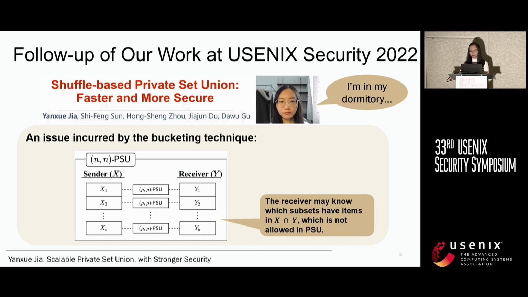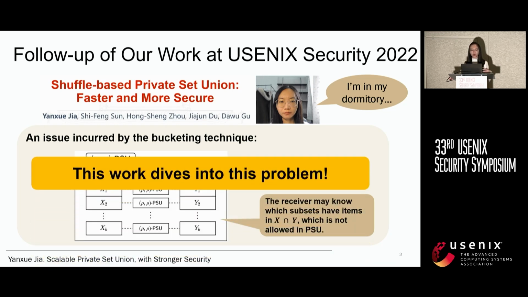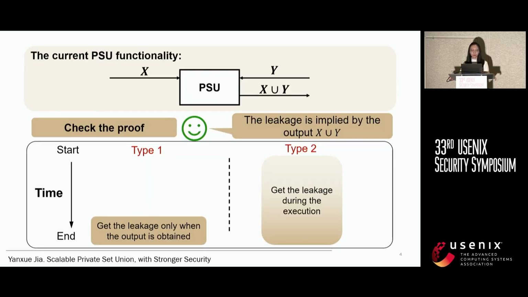However, in our previous work, we just pointed out this issue but didn't figure out the essential reason behind the problem. So in this work, we dive into this problem. Because this is a leakage issue, the first thing we need to do is to check the proof according to the current PSU functionality.